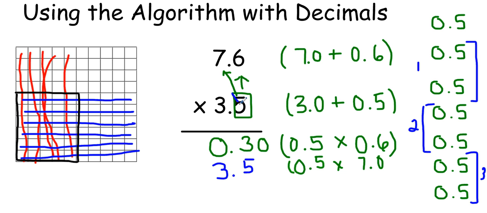Now that we're done working with our 5/10, we're going to come over here and use our 3 as a starting point. So our next step would be to multiply the number 3 by 6/10. Again, we know that 3 times 6 will give us 18.